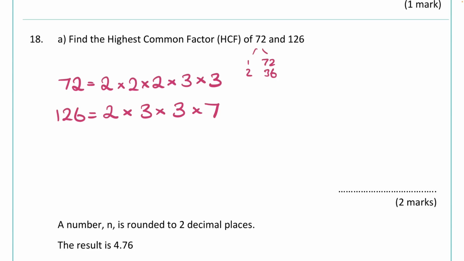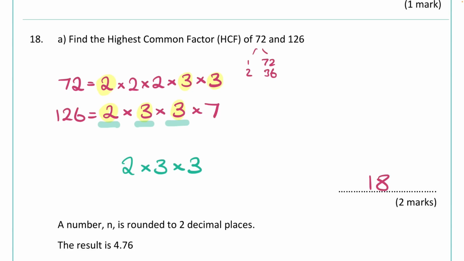So to find the highest common factor, we have a look at what's in both. There's a 2 in both, there is a 3 in both, and there is another 3 in both. So all we do is we take those three numbers, 1, 2, 3, and we multiply those together. So for the highest common factor, we'll do 2 times 3 times 3, and on the calculator, if we work that out, that comes out as 18. And there we go, 18 would be our final answer.